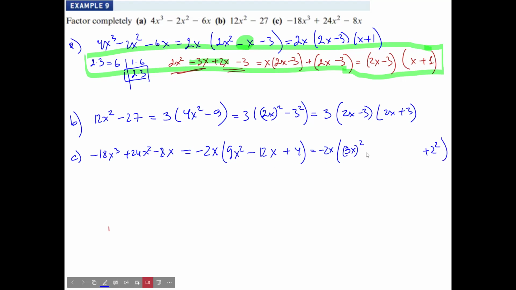If it is the case, what I should have inside is the double product. 2 times 3x times 2. Now is it 12x? Yes. So as a result, I have minus 2x, and here 3x minus 2 squared. Any questions?